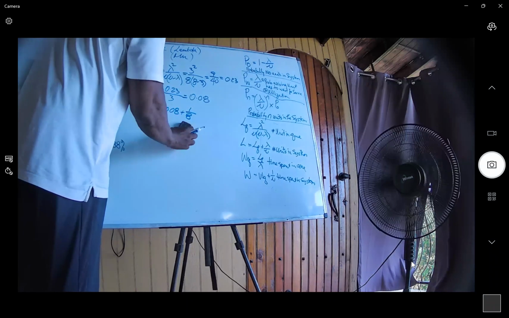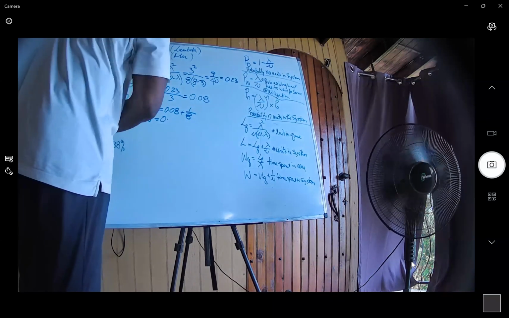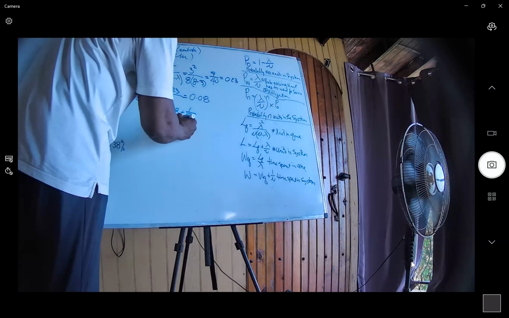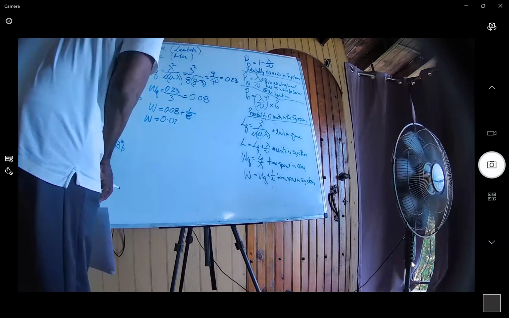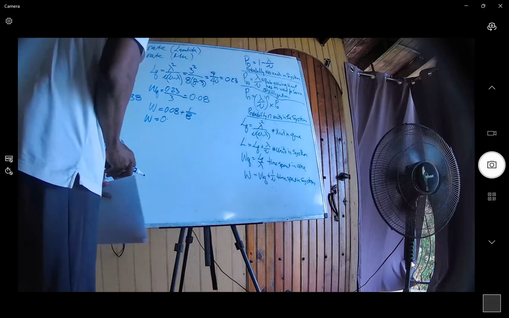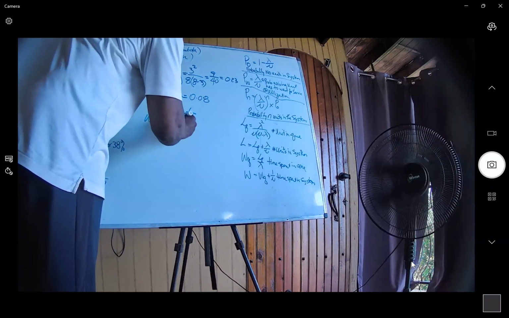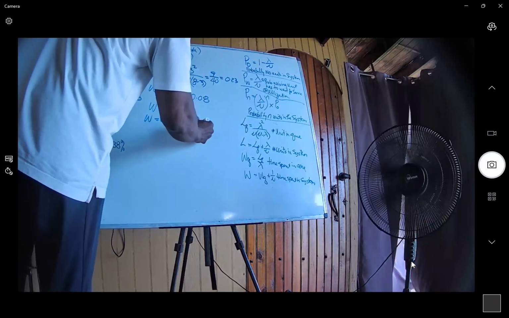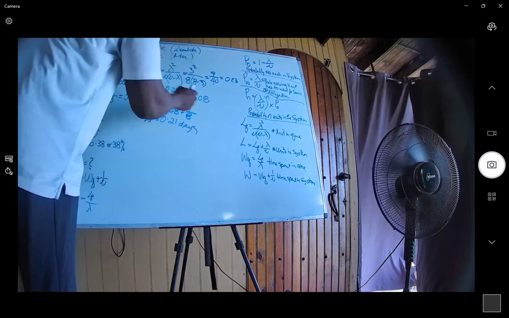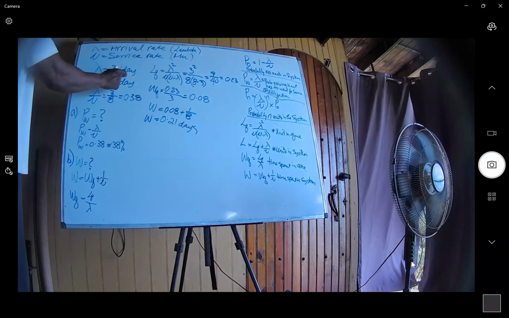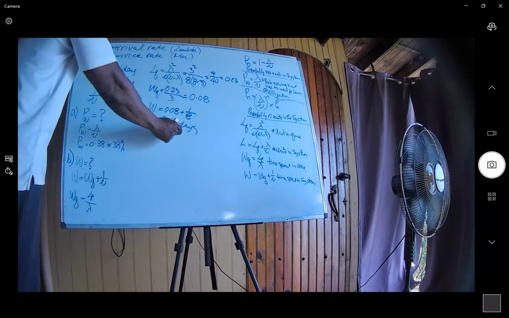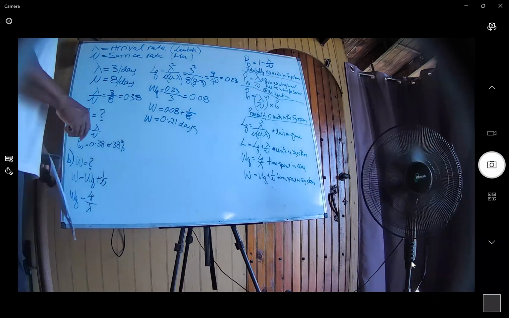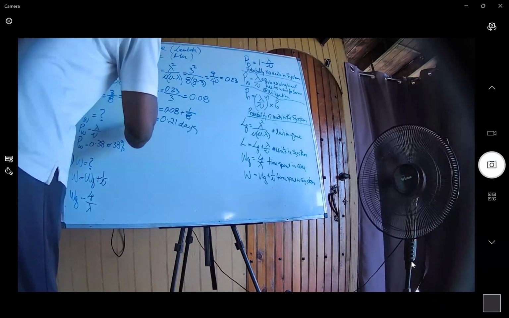Yes, sir. 0.21 then, right? Days. But remember, our rate was in days, so the time is going to be days. All right. So that's your answer for B. Now C's asking for.